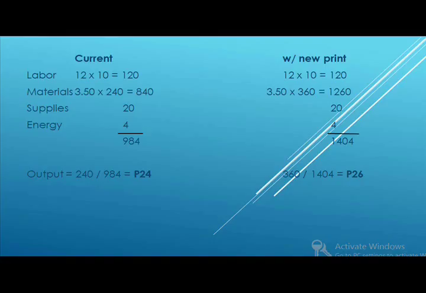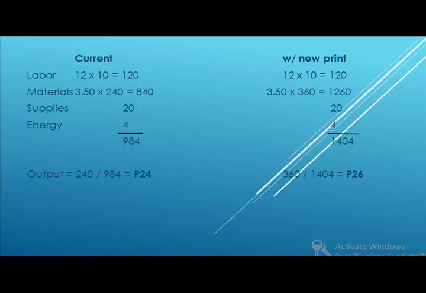In materials, the total material cost for each doll, which is 3.50 pesos, multiplied by the total of dolls that she can increase her rate to, 360 dolls per day. That will be equal to 1,260 pesos. Supplies is equal to 20 pesos and energy is equal to 4 pesos assumed per day.